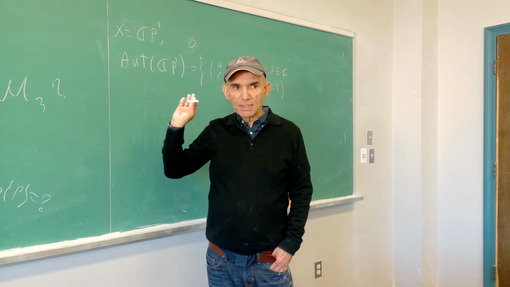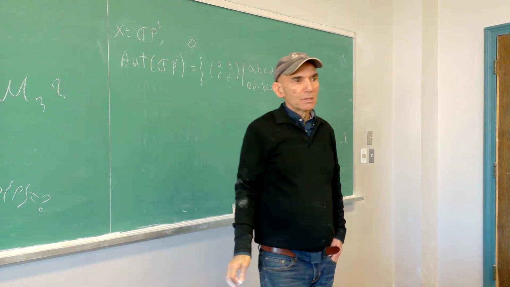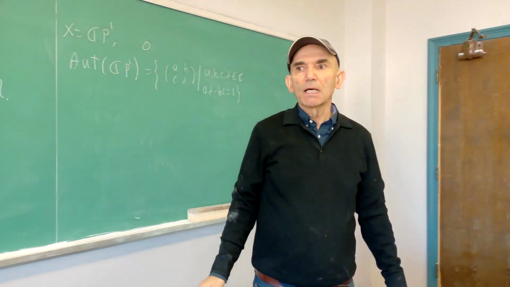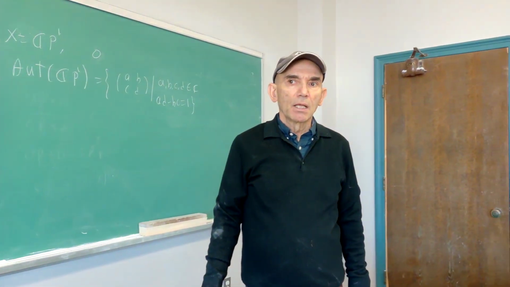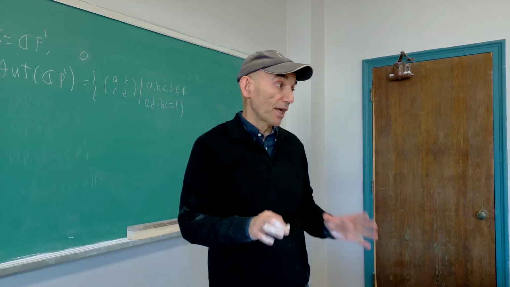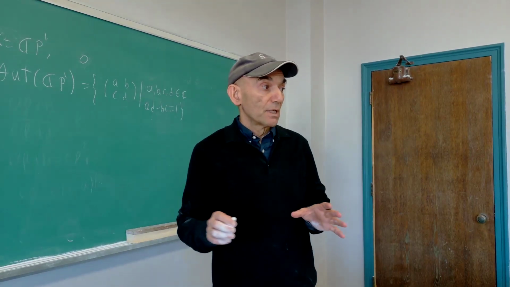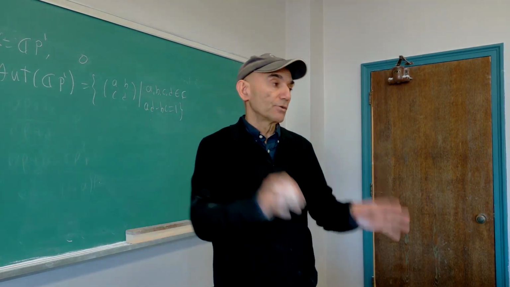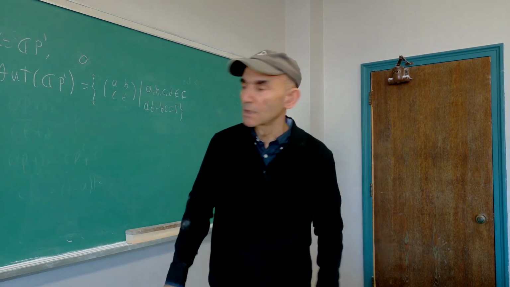So this action has a very peculiar property. The property is that for any 3 points, it's a 3-transitive action. Any 3 points can be uniquely mapped into any other 3 points.